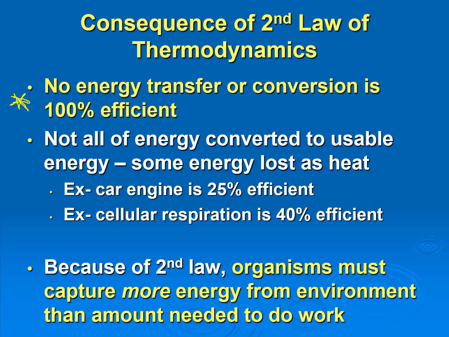So it still does some good. It keeps us warm, but we can't do any work with that. Okay, so for organisms, because of the second law of thermodynamics, organisms must capture more energy from the environment than the amount needed to do work, because we are going to lose some of the energy as heat energy.